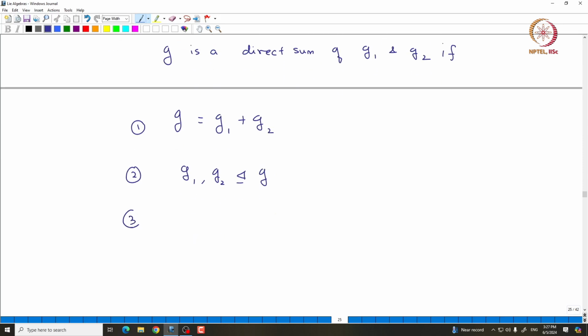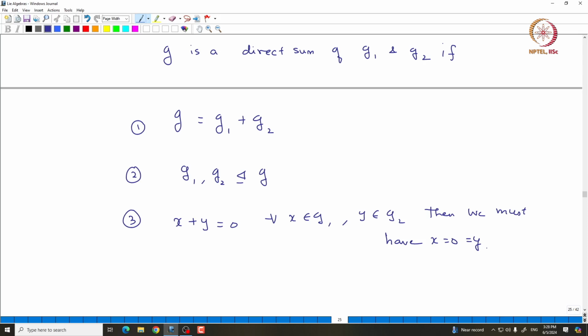The third condition: whenever you write x plus y equal to 0 for some x in G1 and y in G2, then we must have x equal to 0 and y equal to 0. This means given any element of G, it can be written uniquely as a sum of an element from G1 and an element from G2.